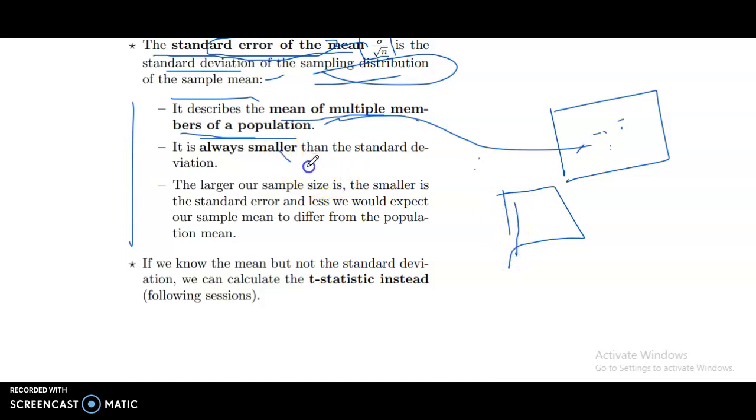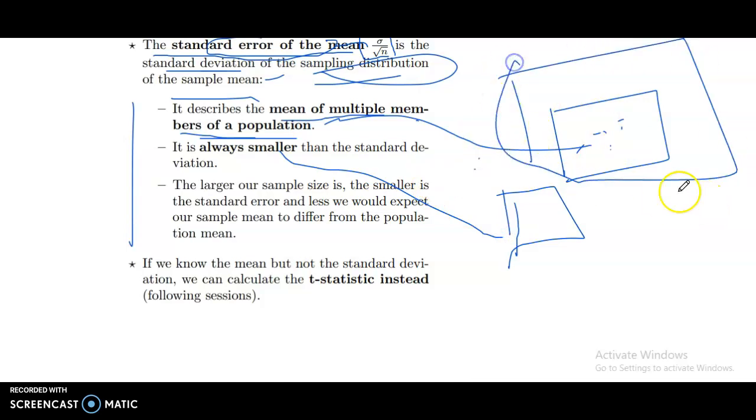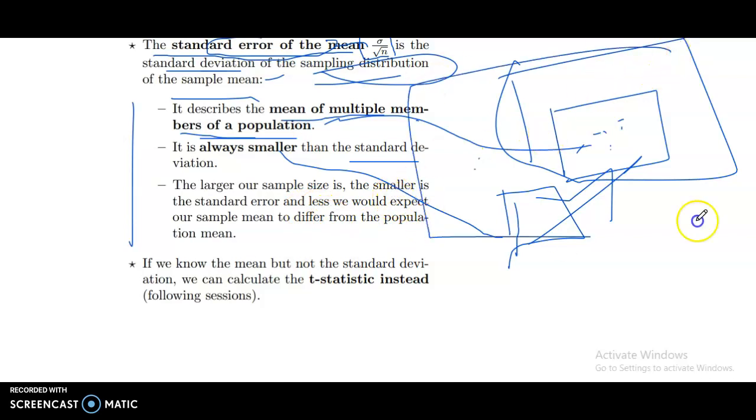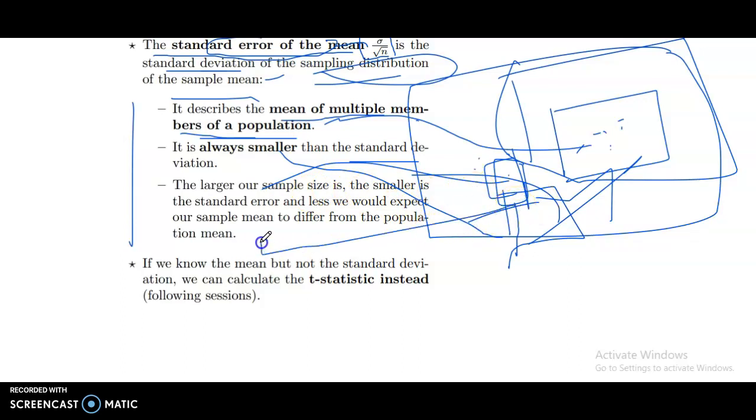The larger our sample size is, the smaller the standard error is. The smaller the standard error, the less we would expect our sample mean to differ from the population mean.